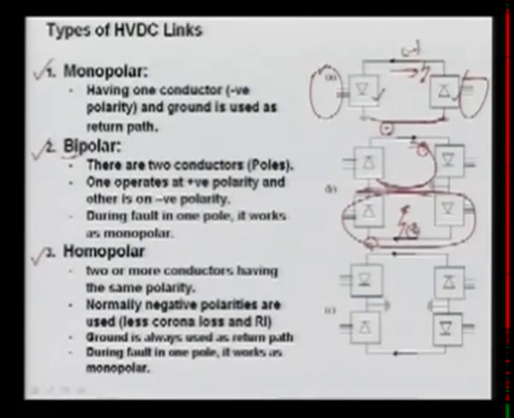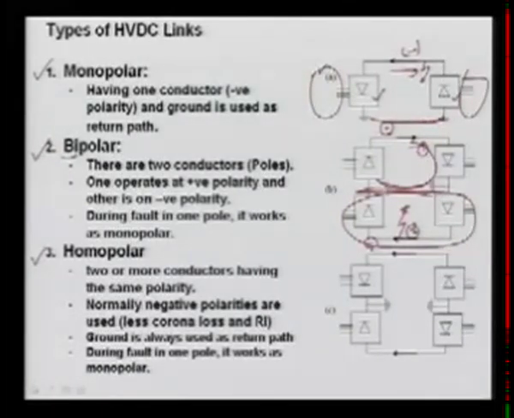So it has an advantage over the previous one, because that was a complete shutdown. Here we are able to provide 50% of the power from one area to another area, and we can control efficiently. So it has the advantage over monopolar, but the problem is that here the cost is double that of the monopolar.